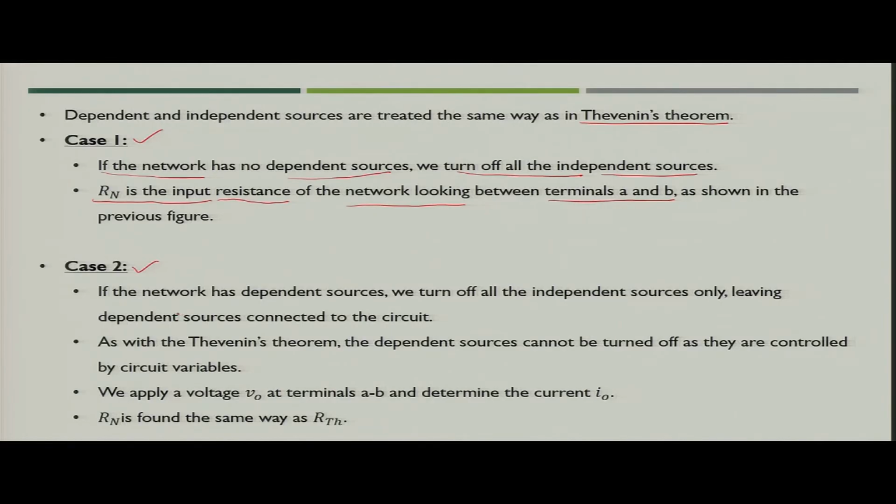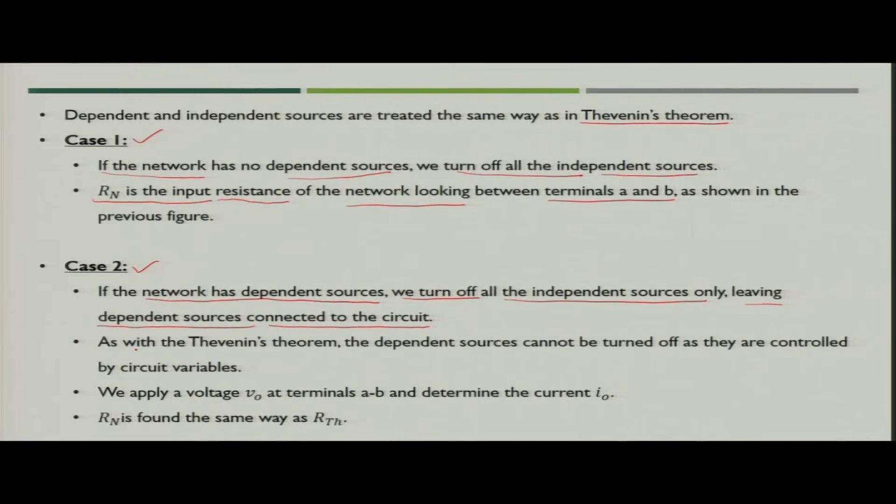The second case is when the network has dependent sources. What we have to do is turn off only the independent sources connected to the network, while leaving the dependent sources connected to the circuit.